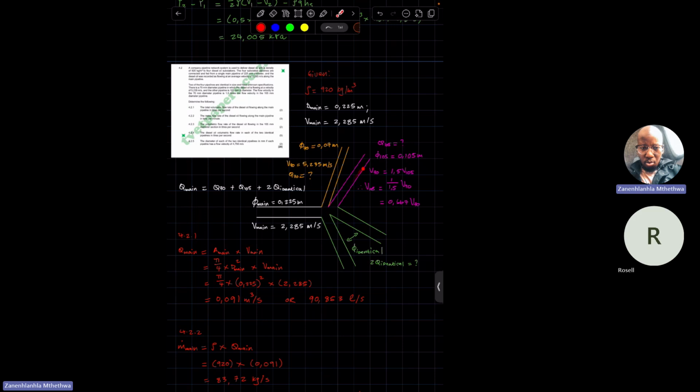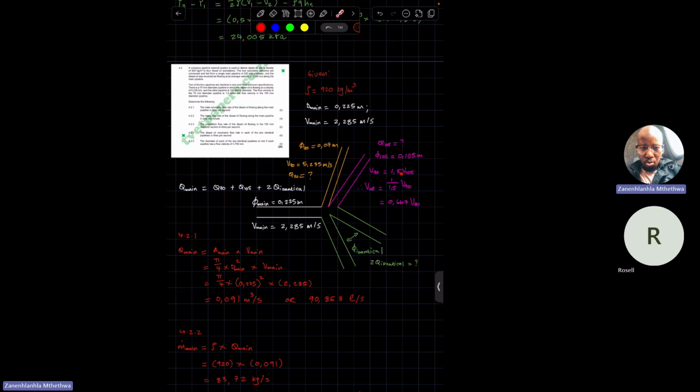I color coded the pipes so that it is much easier to understand. So this pipe is the other pipe that is 0.105 meters in diameter. Then they say the flow velocity in the 70 millimeter diameter pipeline, so essentially this one, is 1.5 times the velocity in the 105 millimeter diameter pipeline.